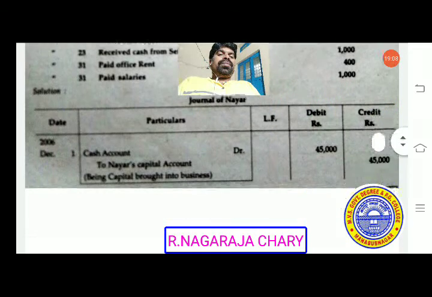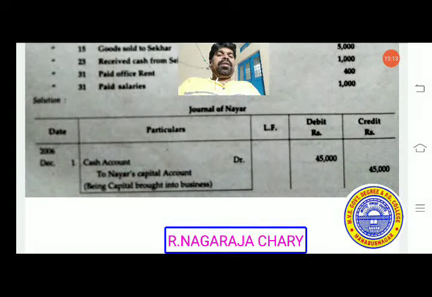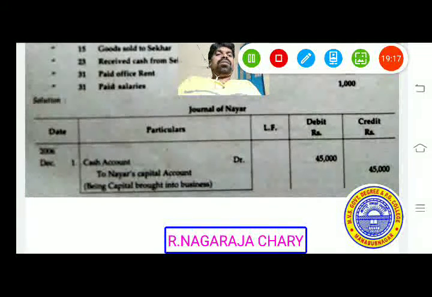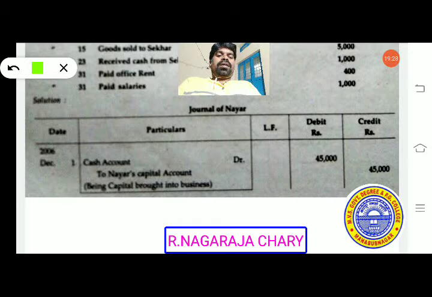So the business commenced with capital of 45,000 rupees, and this is recorded like this. On 2006 December 1st, cash account debtor to Nair capital account, because Nair is a person providing capital. According to personal accounts, debit the receiver, credit the giver.